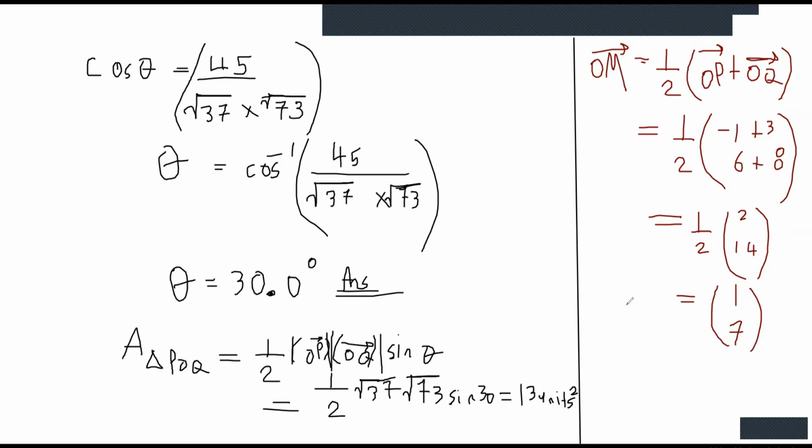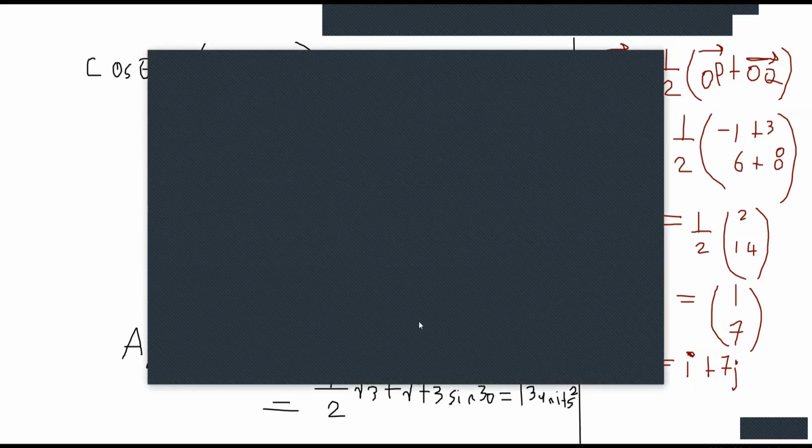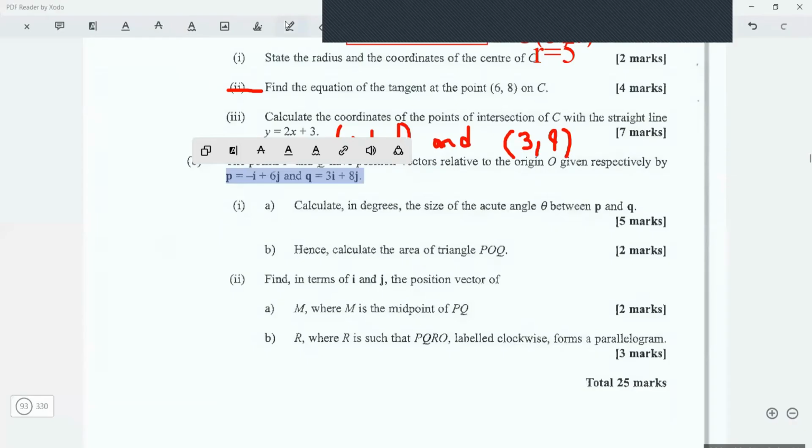Cool with this? That's the midpoint. Now, guys, they gave it in ij form, so you can't leave your answer like that. You have to put it as i plus 7j. That's the midpoint. So M is i plus 7j.